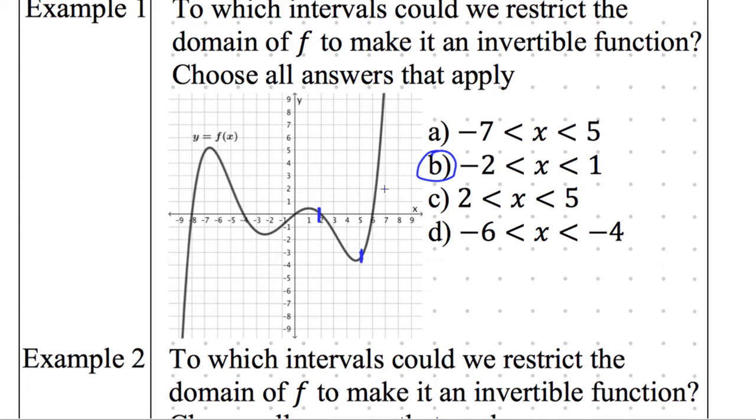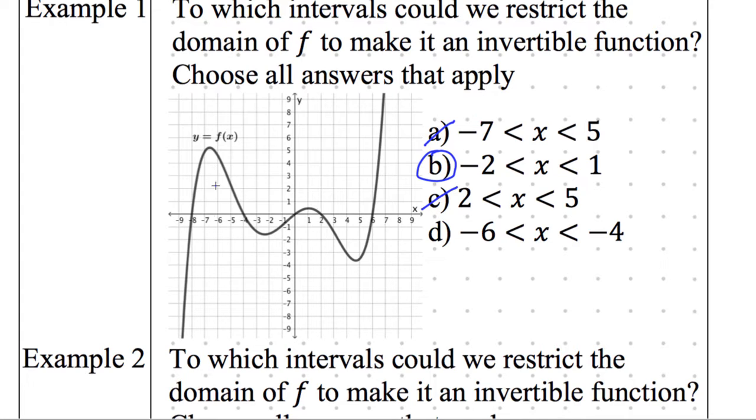Yes? So this one is actually a trick question because it turns around right before 5. If I drew my horizontal line right here, it would cross twice. So this one's actually no. That one was really close, but not quite. Not A, not C.